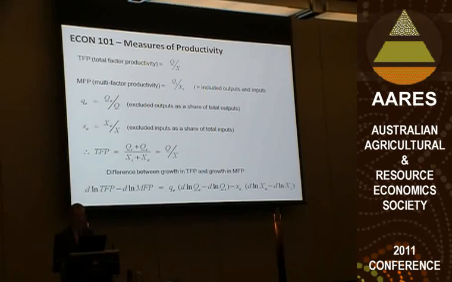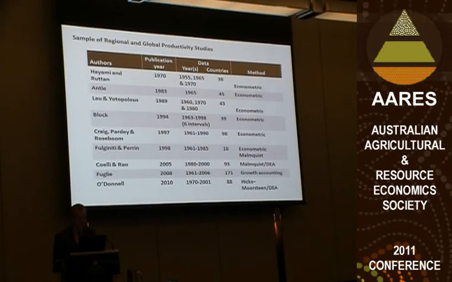So I'm very careful to talk about MFP because I think that's practically all we're measuring when Keith and others talk about TFP. And there's a bunch of us, myself included, that have actually tried to get a global handle on productivity growth rates. Surprisingly, given the importance of the issue, it's a comparatively thin literature when you go looking around.